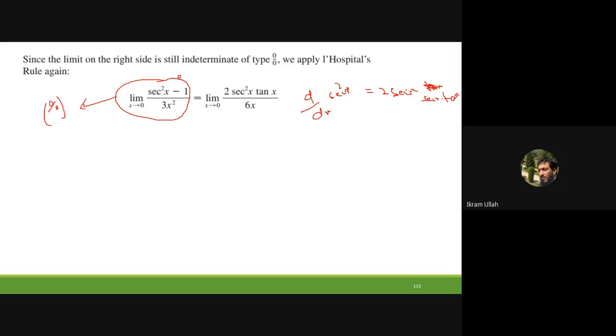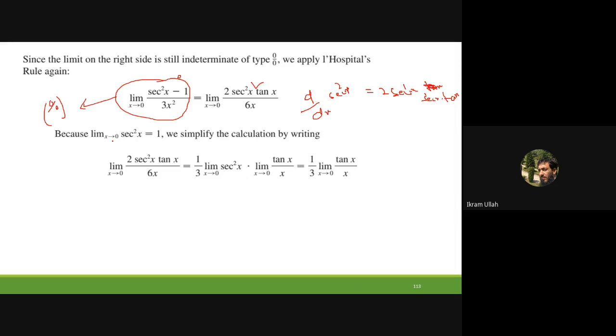So this will be 2 secant squared x tangent x, and the derivative of the constant is 0. So this is 2 secant squared x tangent x divided by the derivative of the denominator, which is 6x.